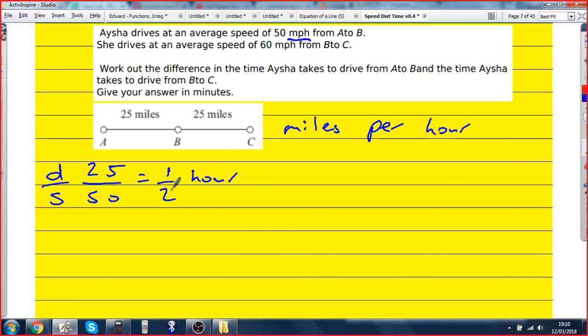Okay, from B to C. So then 25 divided by 60. Mm-hmm. Can you simplify that?